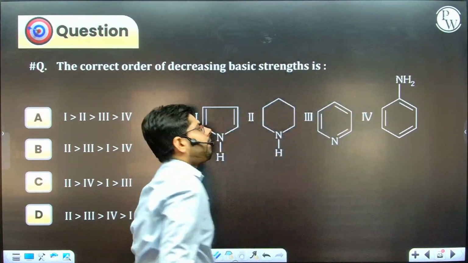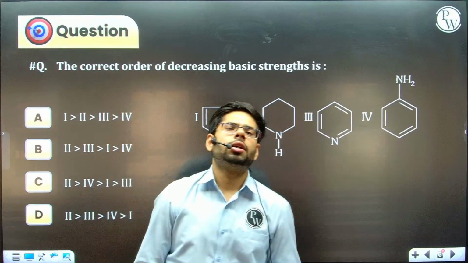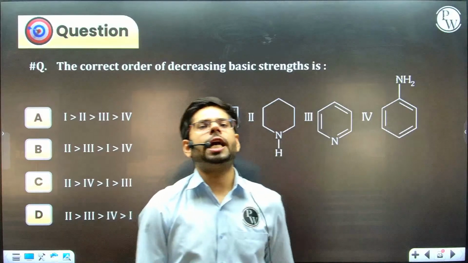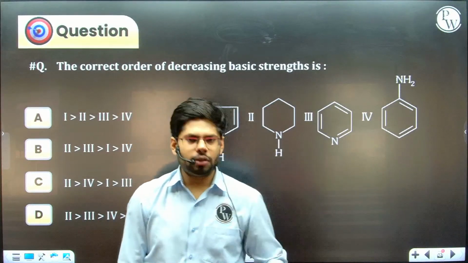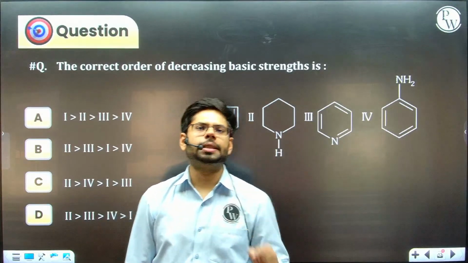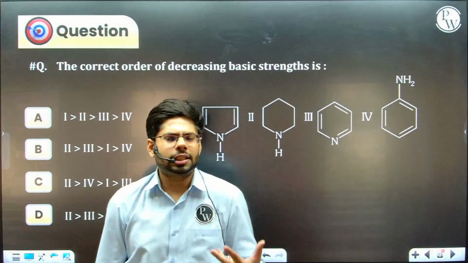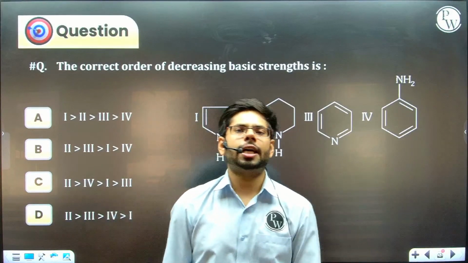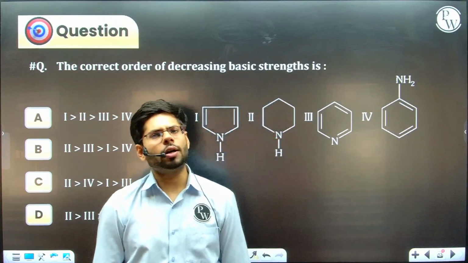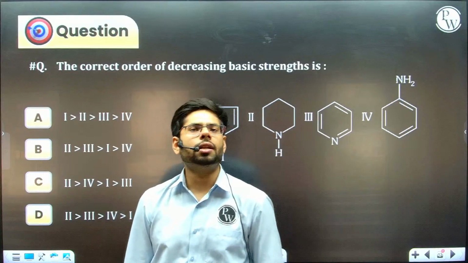Now, if nitrogen is acting as the donor and we see that the lone pair of the nitrogen atom is involved in resonance within the molecule, that means if it is very effectively delocalized within the species, then the basic strength of the entire species is very low, because the lone pair is busy in resonance within the molecule.